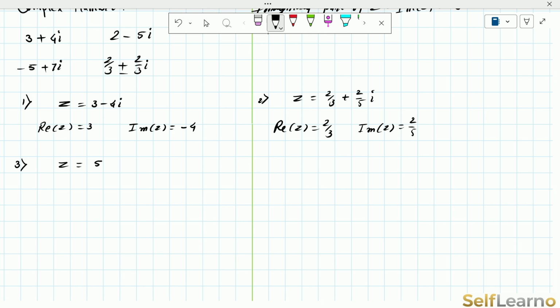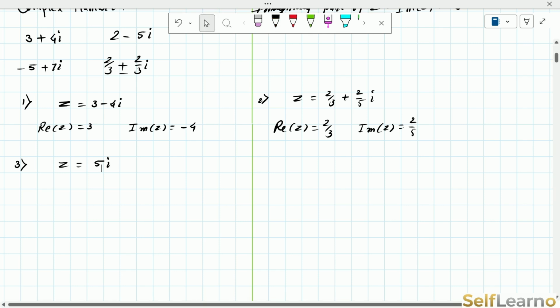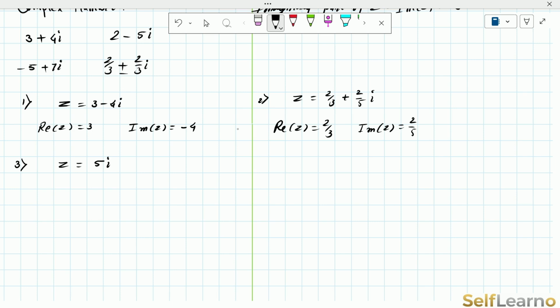Z is equal to 5i. What happens over here? I want to find the real and imaginary part of this complex number z. See, in this complex number, there is no real part at all. We have only imaginary part. So here I can say that this is a purely imaginary number because it does not have real part in that.